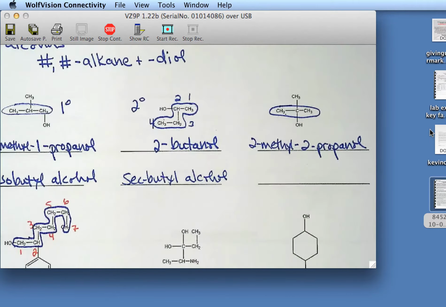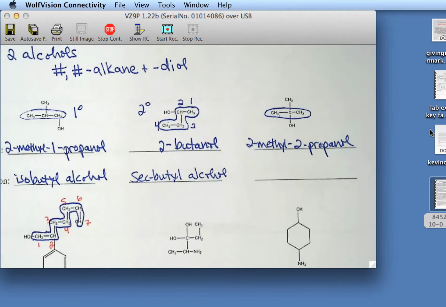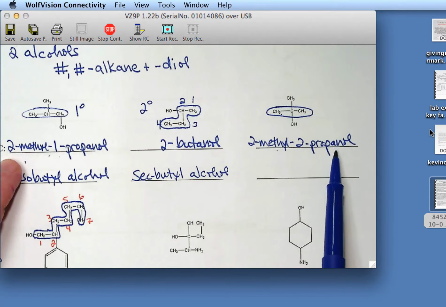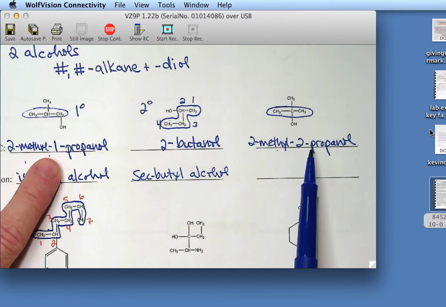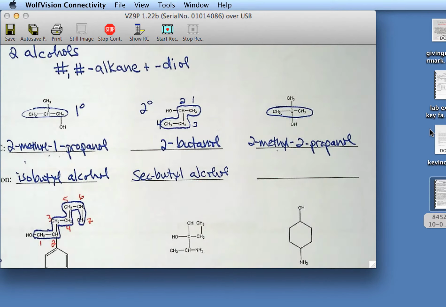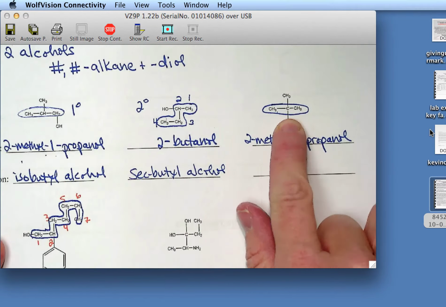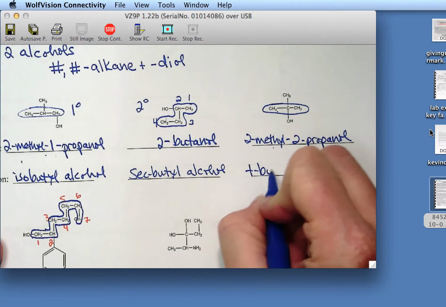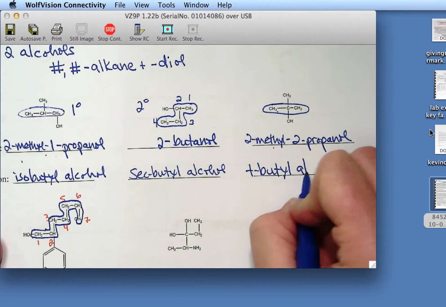Notice the one over here is 2-methyl 1-propanol, 2-methyl 2-propanol. So the OH is just on a different carbon. So it's a very subtle difference, but this is why you need to put a number for the OH. So this is T-butyl alcohol. When you cover up the OH, it's the T-butyl alkyl group, so T-butyl alcohol.